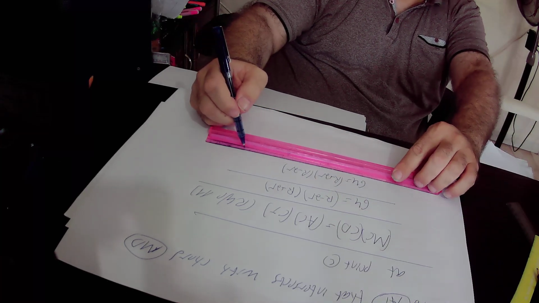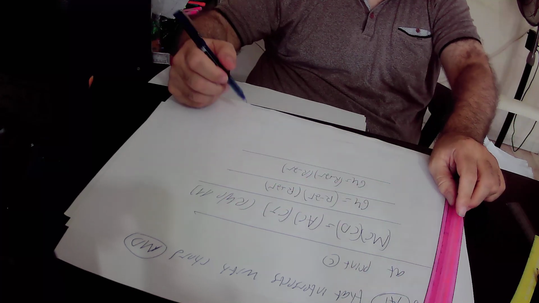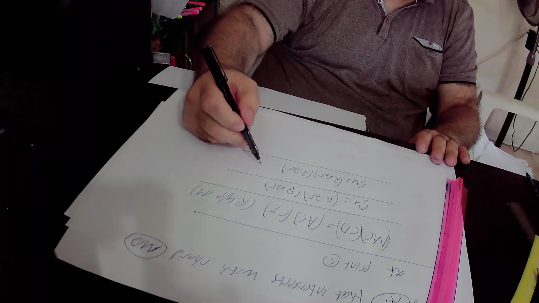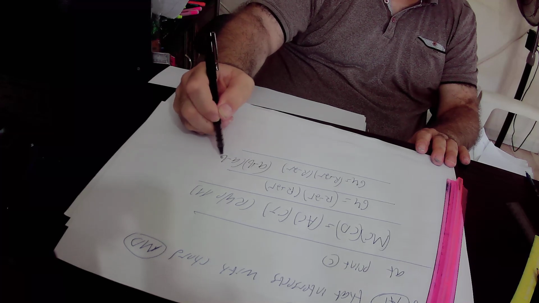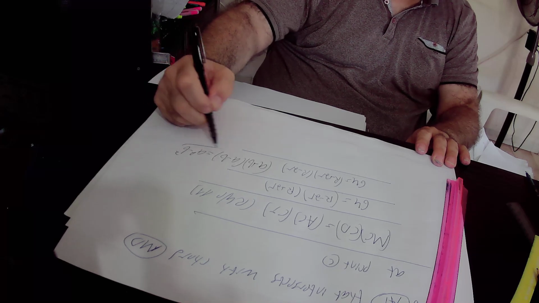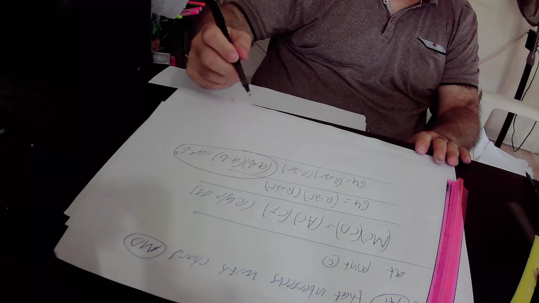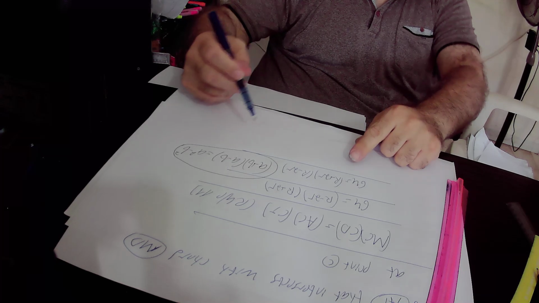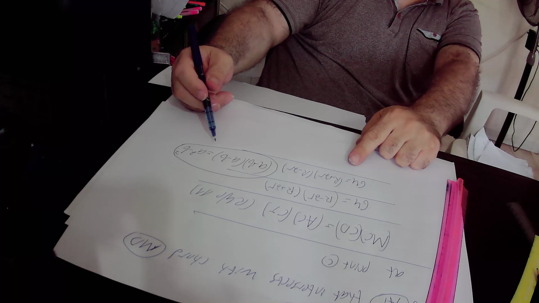What is the value of the expression capital R plus 2R times capital R minus 2R? According to the algebraic identity that A plus B times A minus B equals A squared minus B squared, the value of the expression capital R plus 2R times capital R minus 2R must be equal to A squared minus B squared.